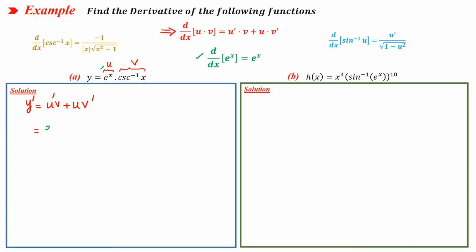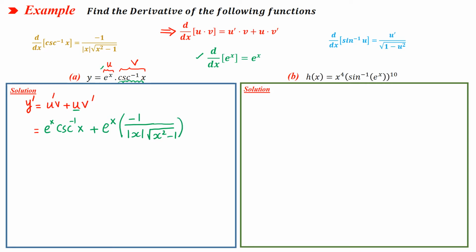So it will be e to the x, the same, times v, the second function, cosecant inverse of x, plus u, which is the first function, e to the x, multiplied by the derivative of the second function, which is v, and the derivative of cosecant inverse of x is negative 1 over absolute value of x multiplied by square root of x squared minus 1. So multiplied by negative 1 over absolute value of x times square root of x squared minus 1.